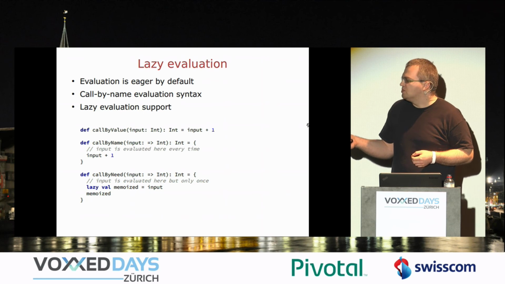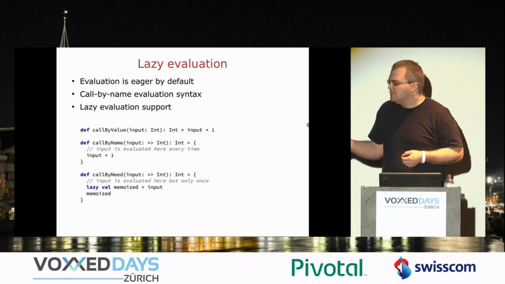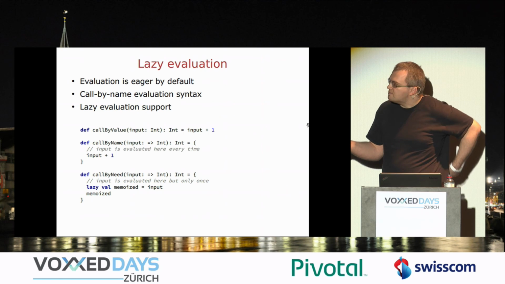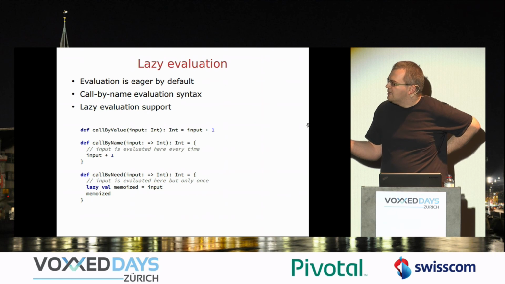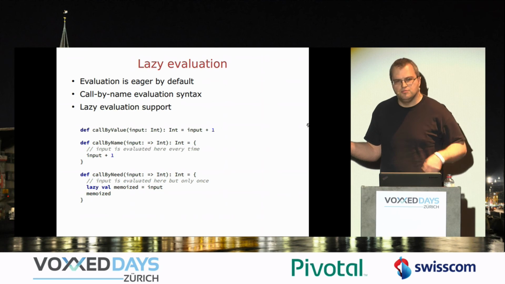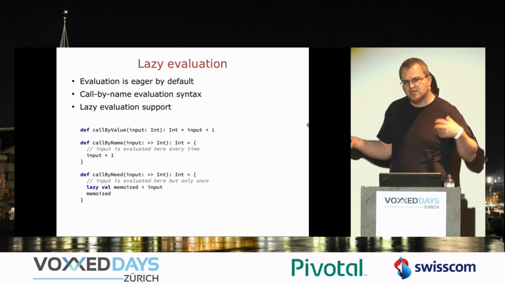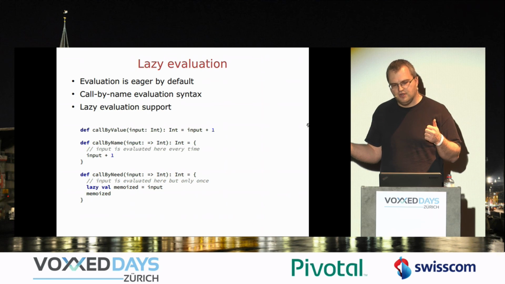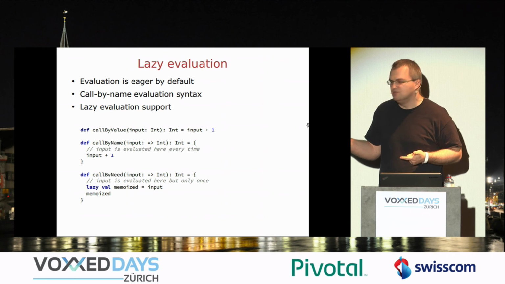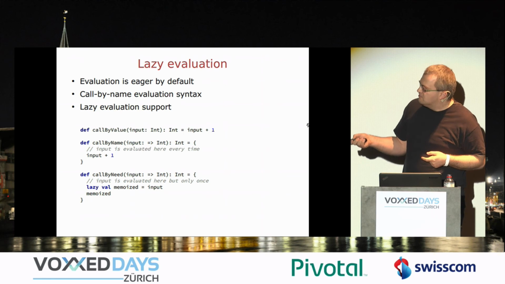Every next invocation, this lazy value will already be instantiated, and the value will be reused. So if you want Haskell-like lazy evaluation, where everything is evaluated only once, but lazily, only when it's really needed, this is the way to do it. So this is the little pattern.